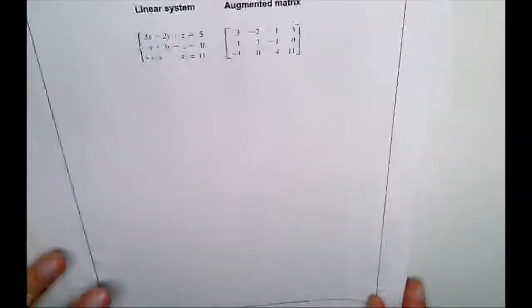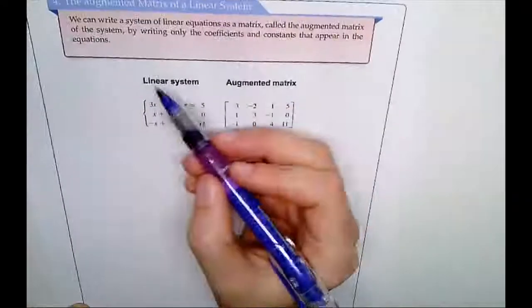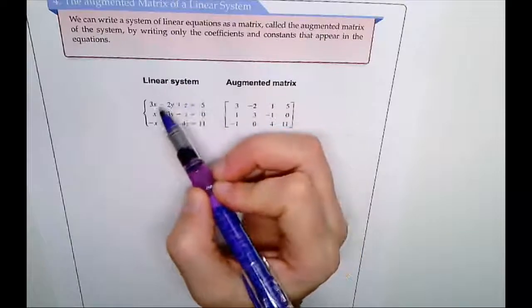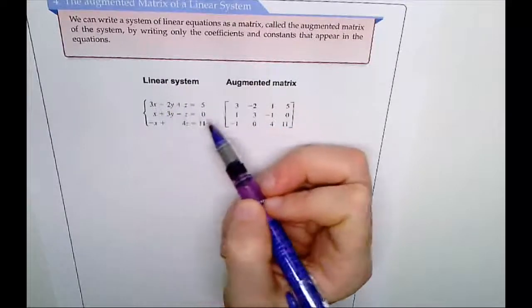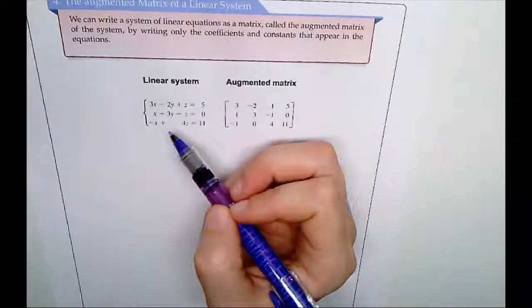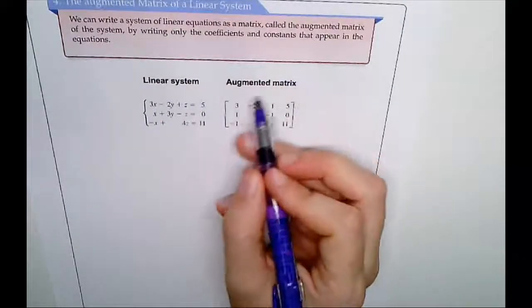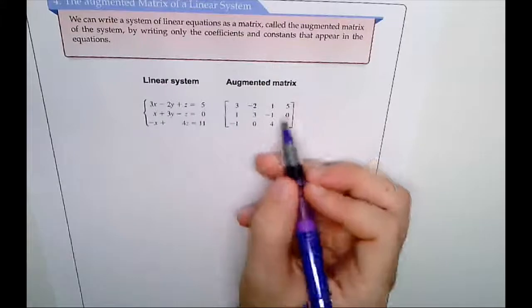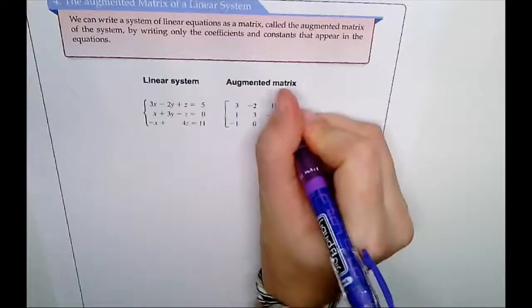So how are we going to use matrices to solve linear systems? Well, it is going to be straightforward. So let's see that if we have a linear system like this, so we're moving on to having 3 variables, x, y, and z, we're going to simplify this notation by writing what we call an augmented matrix. An augmented matrix is just the coefficients.